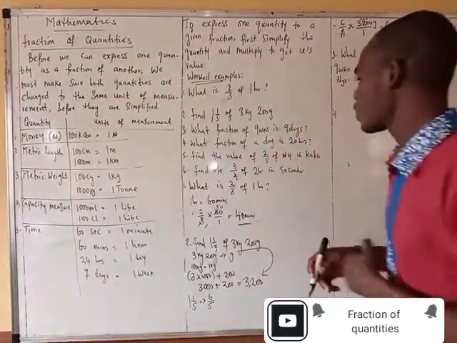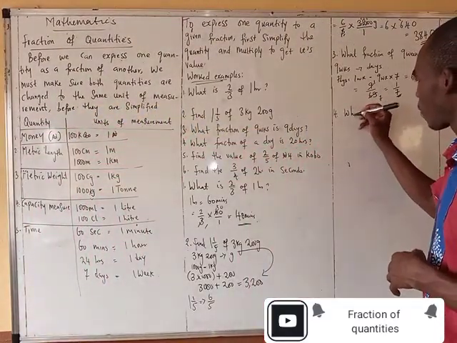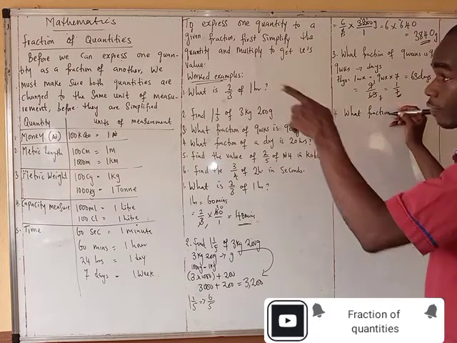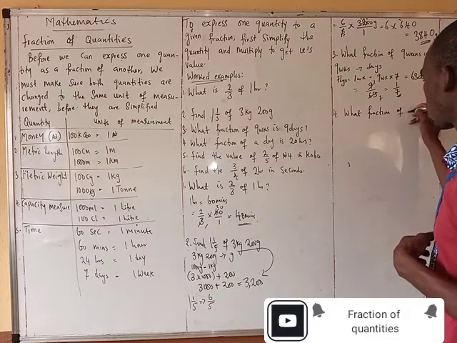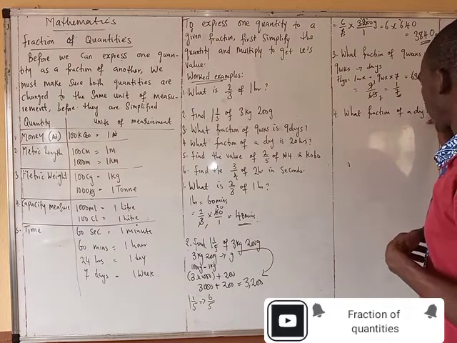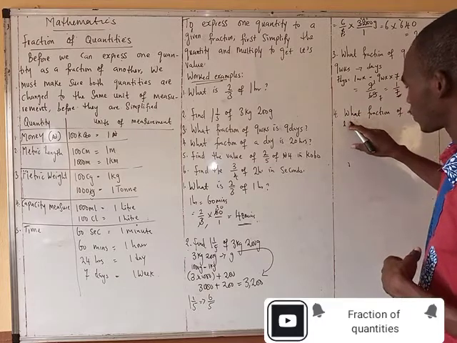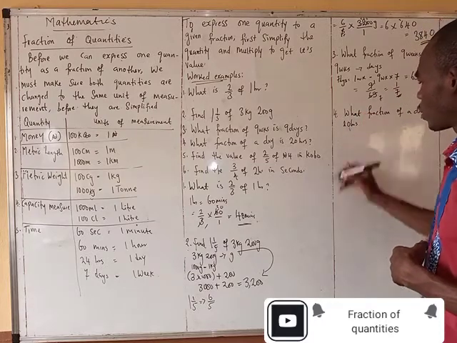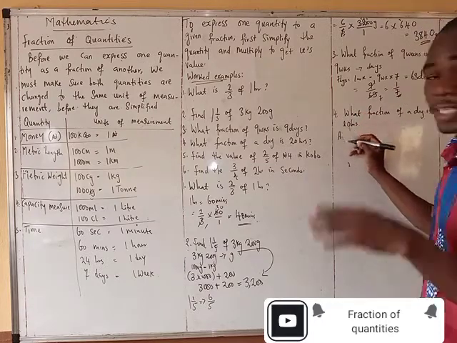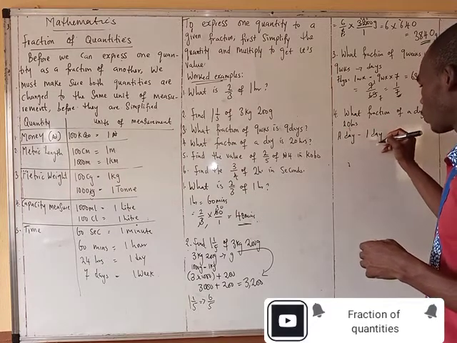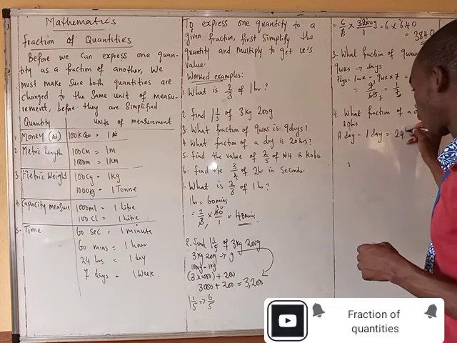Now say what fraction of a day is 20 hours? Remember it's fraction of quantity we are doing. A day means 1 day, and we know that a day is 24 hours.